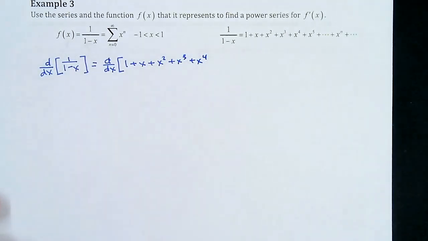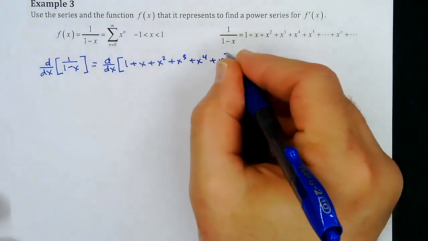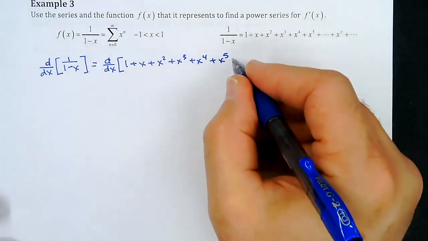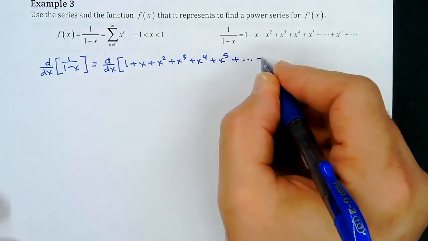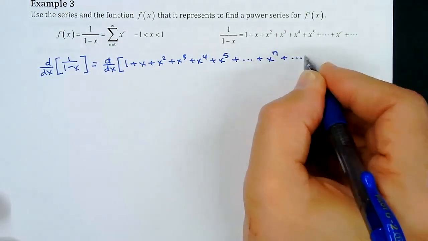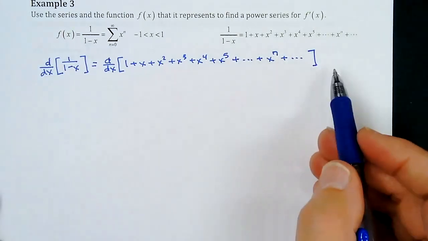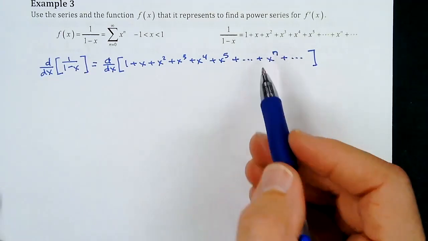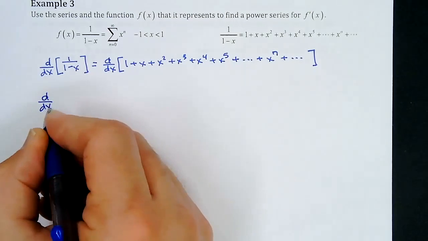Sometimes it's really nice to start to see how to write the formula for this, and then plus x to the 5th. That's why sometimes I'll go out pretty far, not just the first couple of terms. So plus dot, dot, dot, and then plus x to the nth plus dot, dot, dot. I'm going to close my bracket. It's impossible to take the derivative of each one individually, so we're going to come up with an x to the n term. So d over dx.